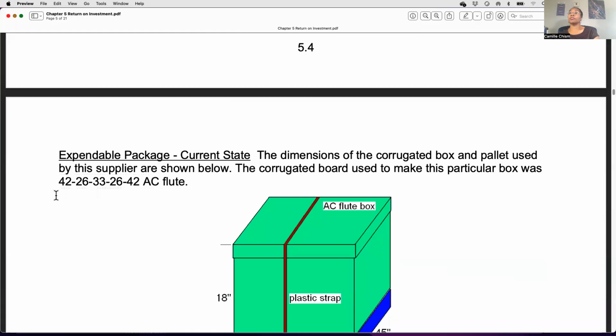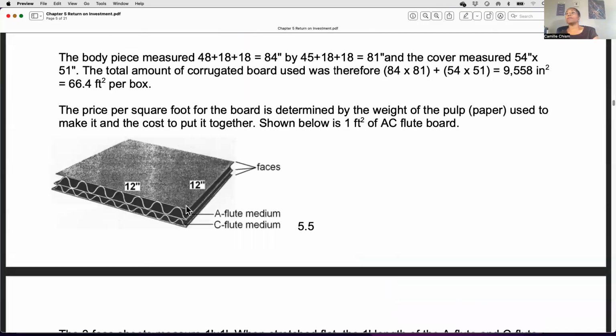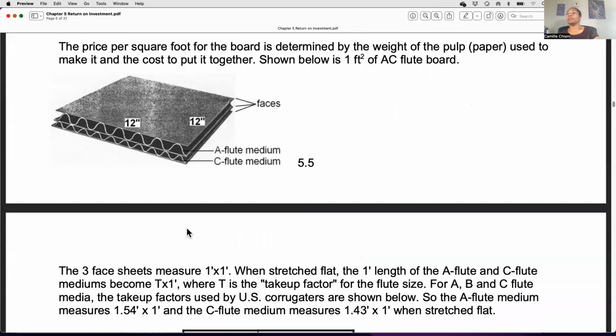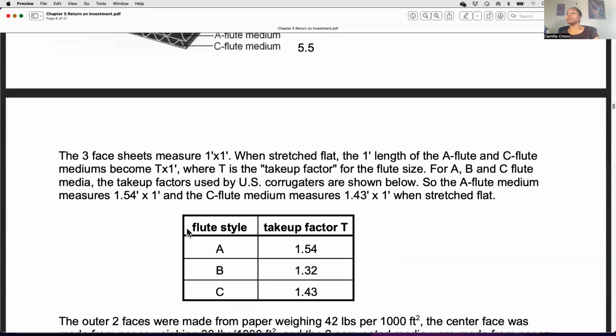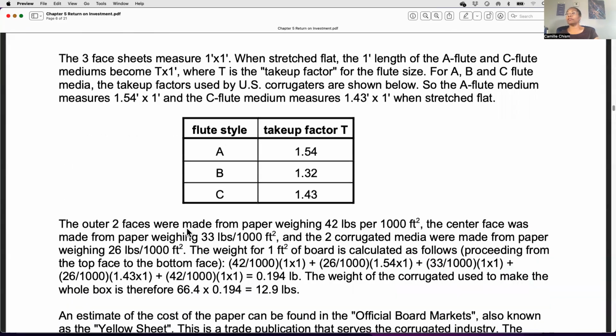So you got the 42, 42, and then this tells you each one, right? They're just talking about the different layers and what they weigh. So we calculated the length of the material, and we know what the weight of the material is.